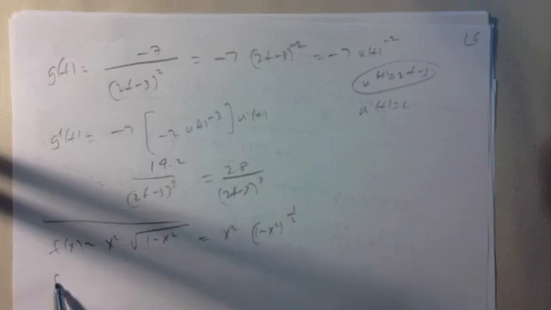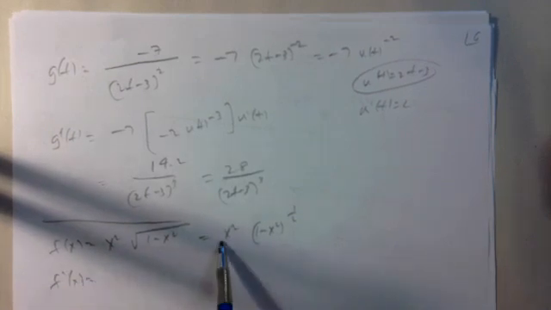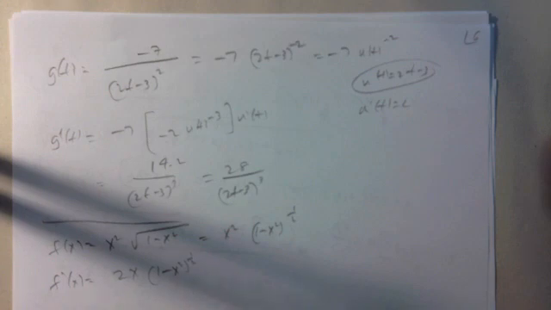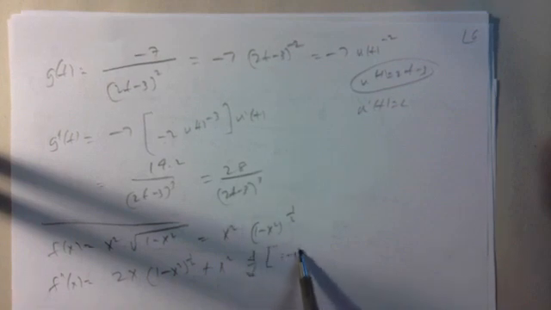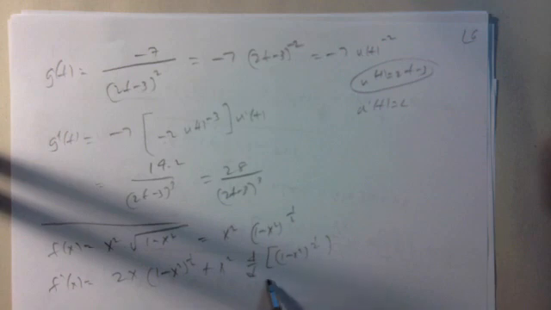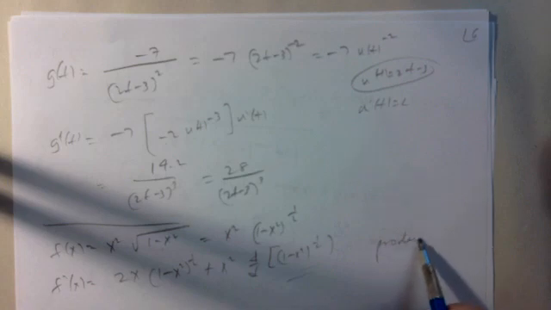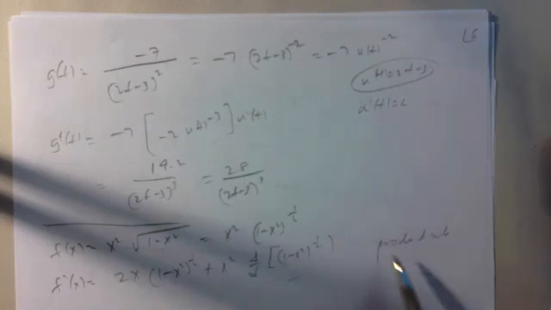Let's first use the product rule. f prime of x is the derivative of x squared, which is 2x, times (1 minus x squared) to the 1/2, plus x squared times the derivative of (1 minus x squared) to the 1/2. Here I just used the product rule, but to differentiate this, I need the chain rule.